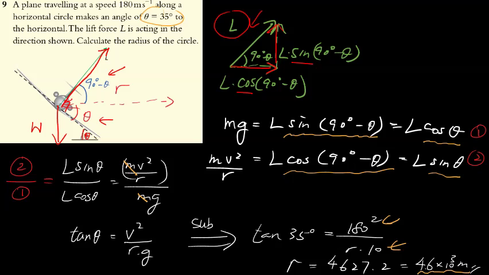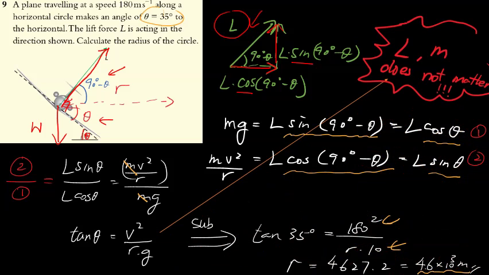More importantly, this is the most important equation that you derive by yourself, and it is not dependent on the lift or the mass, when you are doing a turn in a plane.